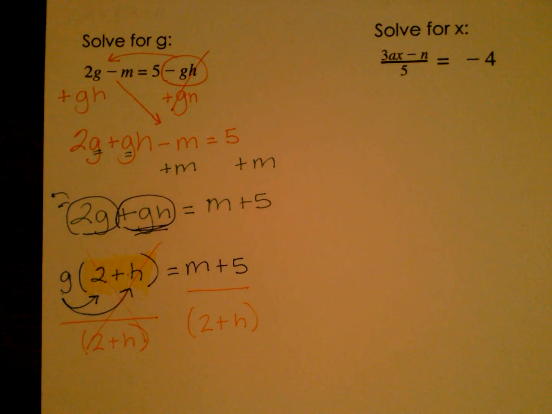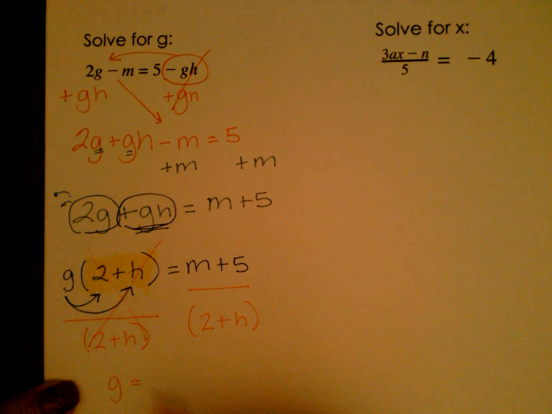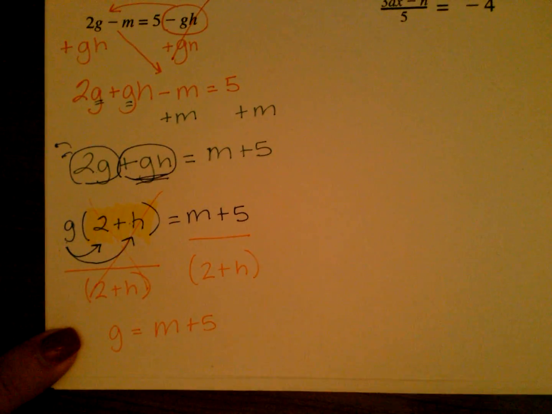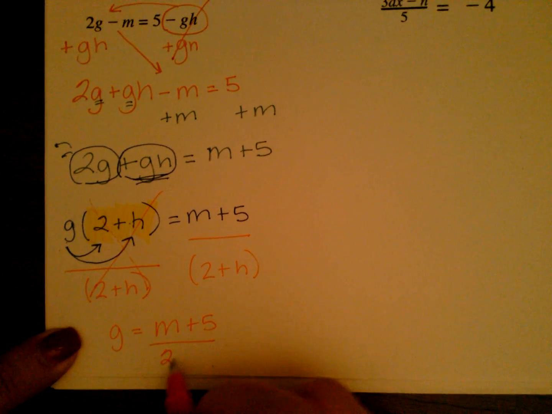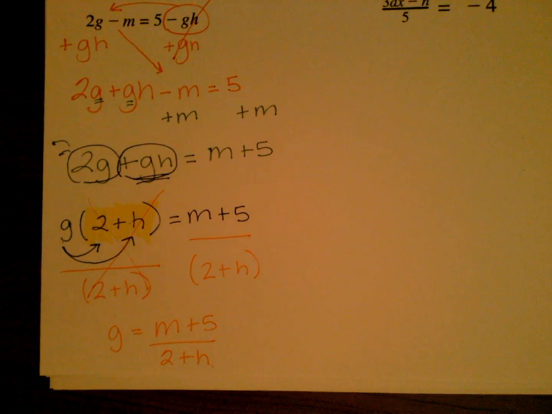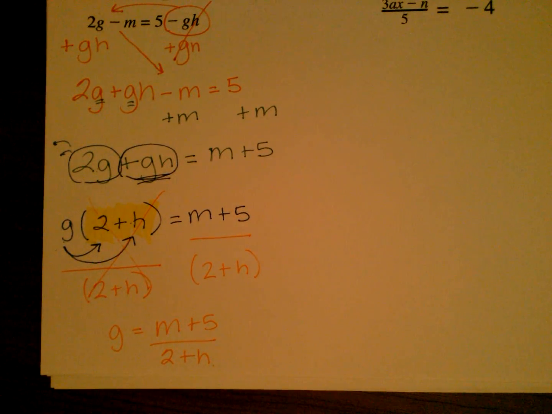That group can cancel each other out, so I'm left with G equals M plus 5, let me move up the paper, divided by 2 plus H. Wow. We're going to end part D after we distributed.